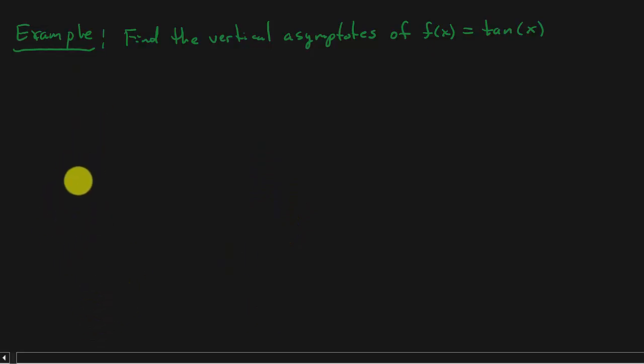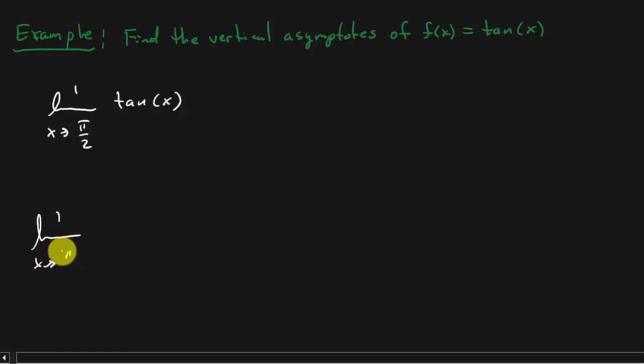So basically what we're doing here is we need to calculate the limit as x approaches pi over 2 of tangent x. And we're also going to find the limit as x approaches pi over 2 from the left and from the right. So we're going to calculate both of those.